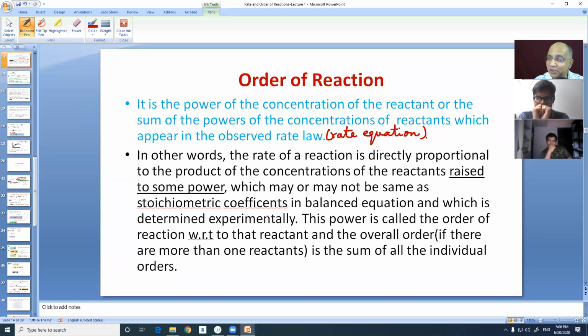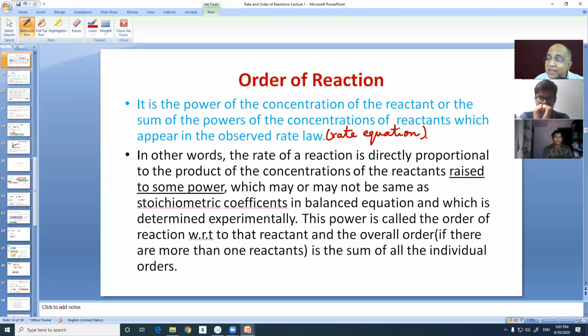Now compare with law of mass action that we studied for chemical equilibrium, where it was defined the rate is proportional to the concentration of the reactant to the power of the stoichiometric coefficient. That was the set principle accepted by scientists to find out Kc throughout the world.